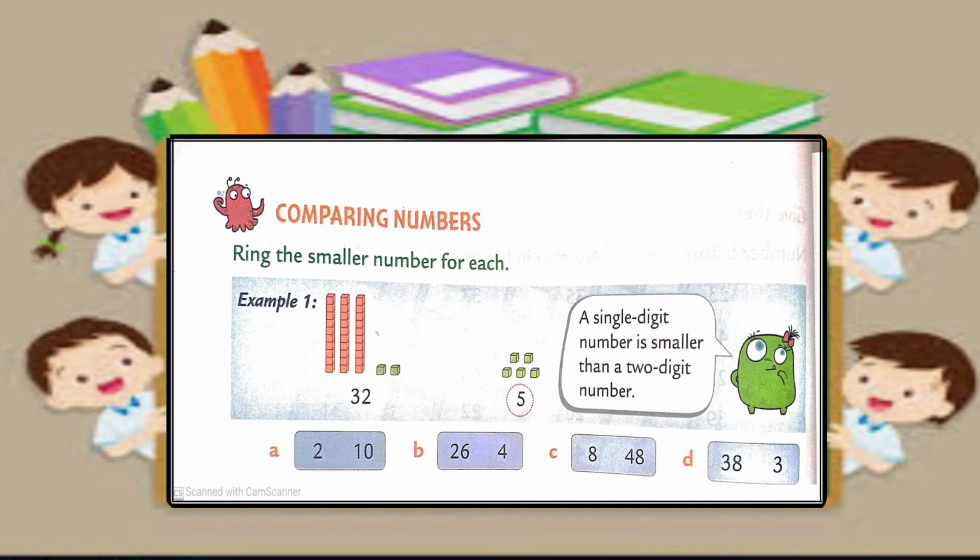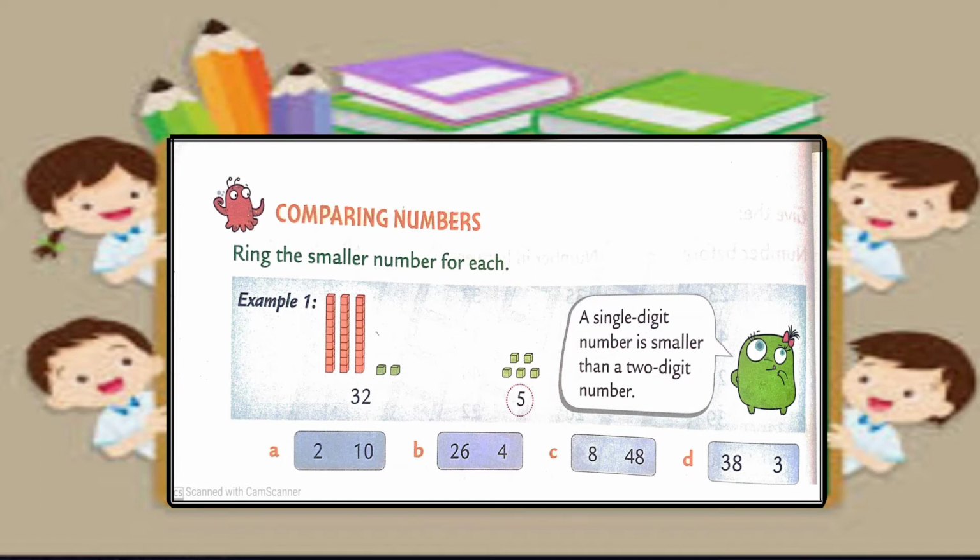So let's practice. First of all, write number A, number 2 and number 10. Observe it and say which is the smaller number.